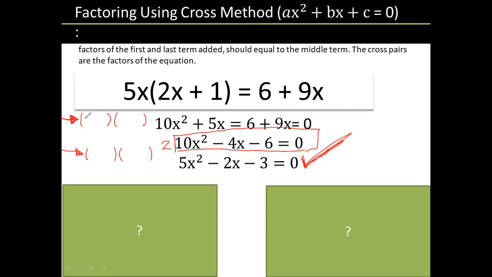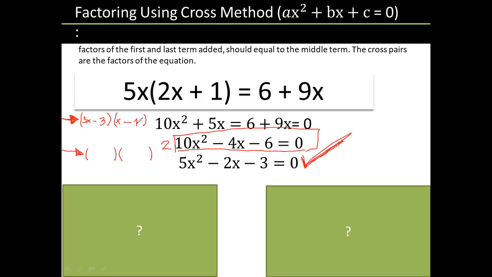5x minus 3 and x plus 1. Again, 5x minus 3, and the other one x minus 1.